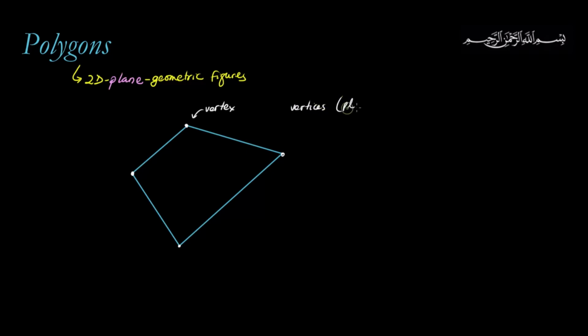So the plural of vertex is vertices. So a polygon has vertices and it has sides. So this is a side, and this is a side. So vertices are corners, and sides like this. Those are the two basic terms that we have to understand about polygons.